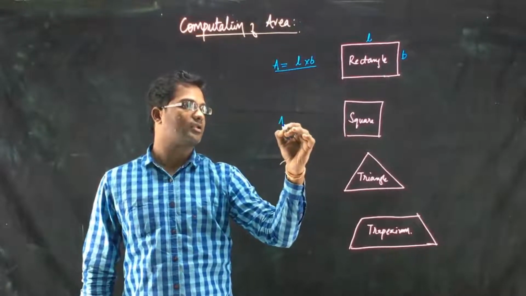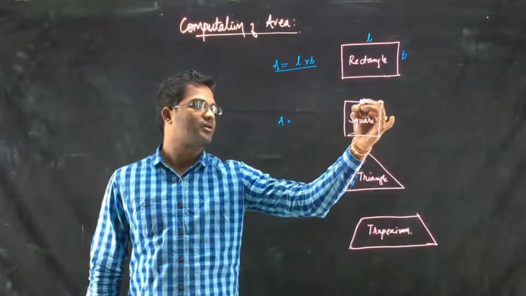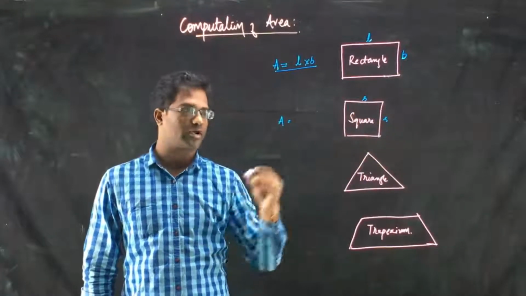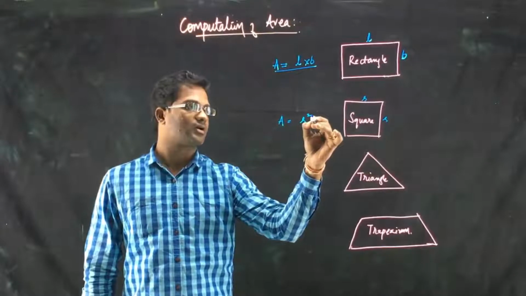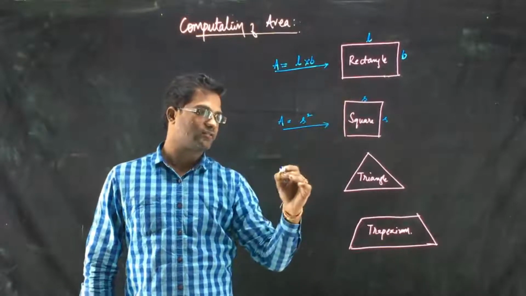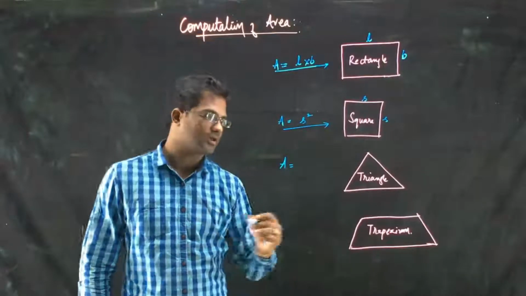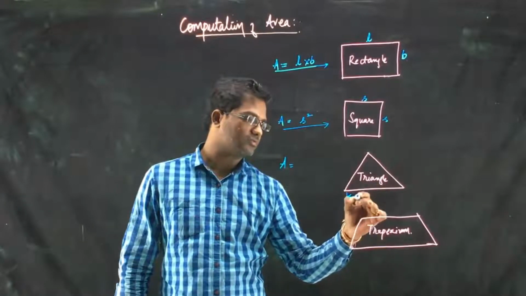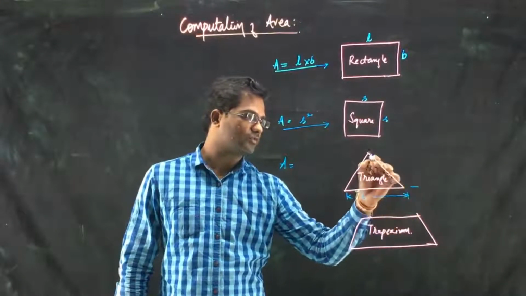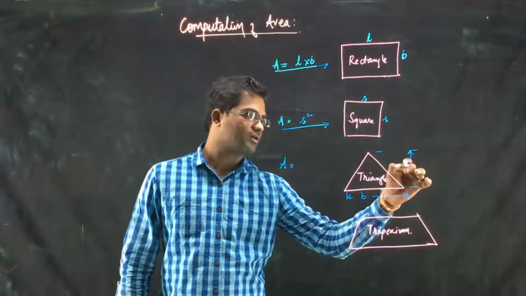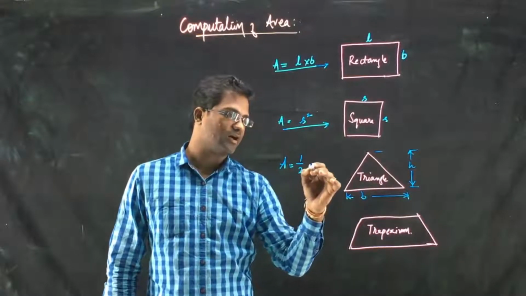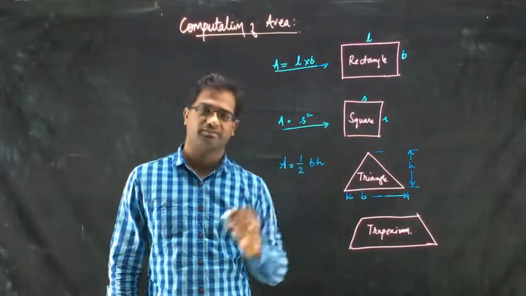And for the square, if S is the side, all sides are equal in the square, so this will become S squared. And the area of the triangle, if you know the base b and h as the height, is given by half base into height.